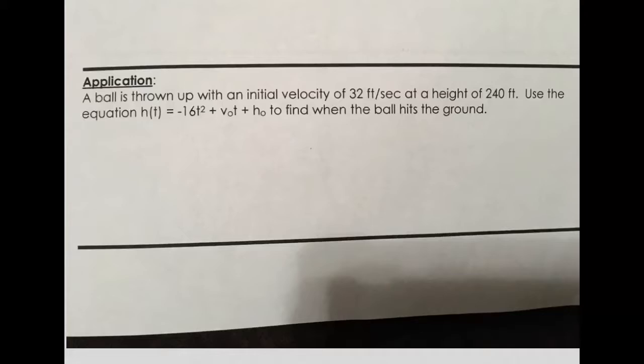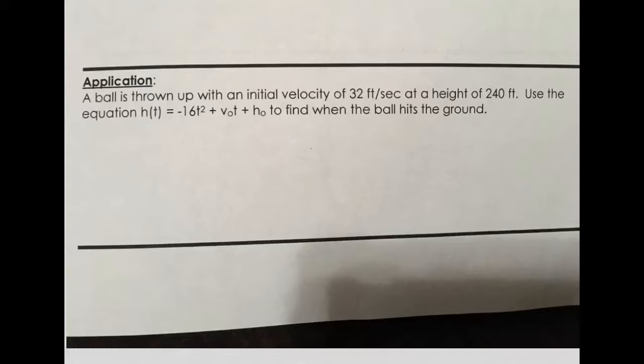So it says a ball is thrown up with an initial velocity of 32 feet per second at a height of 240 feet. Use the equation here, H of t is equal to what you see there. Notice it's saying velocity right there and height right there. So it's giving us the velocity and the height to plug in. So let's go ahead and do that.